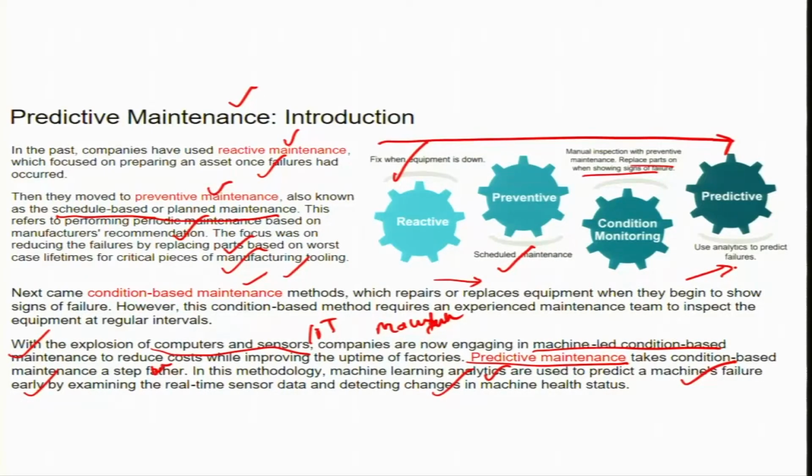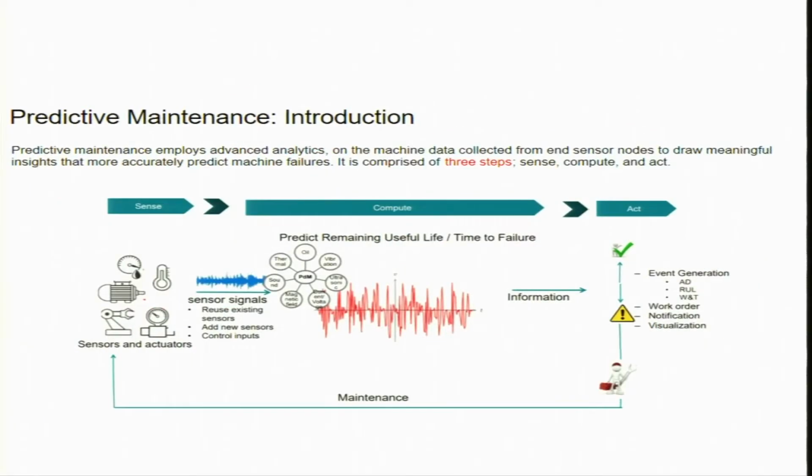So, that is why this is called predictive maintenance. It will do the analytics to predict the failures of the machine, and therefore, before it fails the maintenance is done, and therefore, there is very little downtime, and now the companies are improving with technologies like IoT. So, let us introduce this predictive maintenance in more detail.